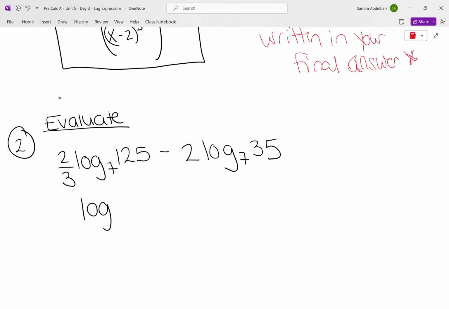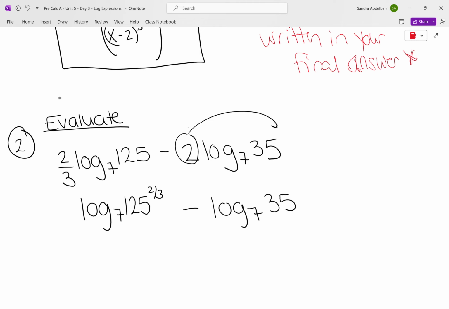So I'm going to pull that back as an exponent. So this is going to be log base 7 of 125 raised to the 2/3 power. Minus, can I also pull this 2 as an exponent now? So this is going to be log base 7 of 35 to the 2nd power.